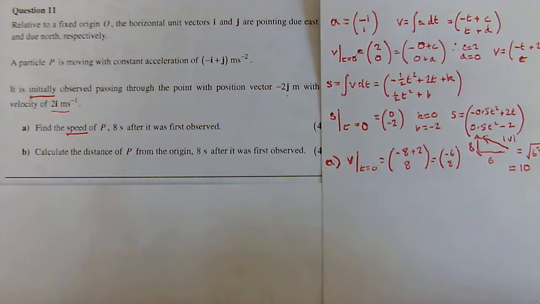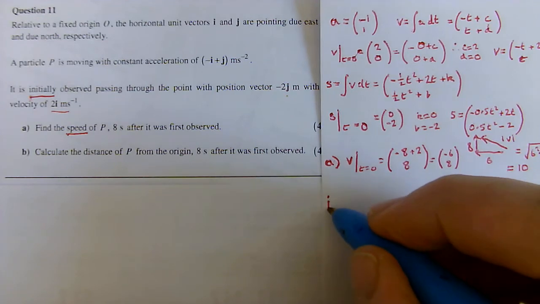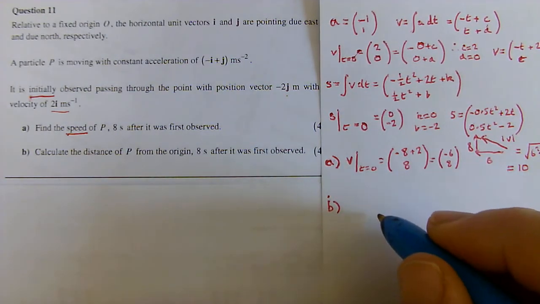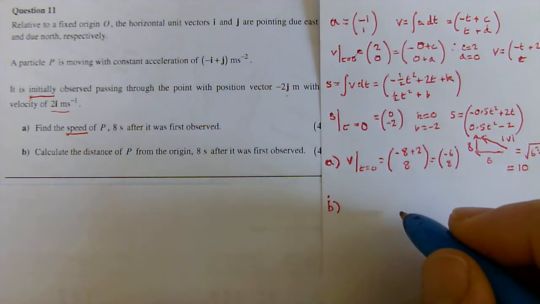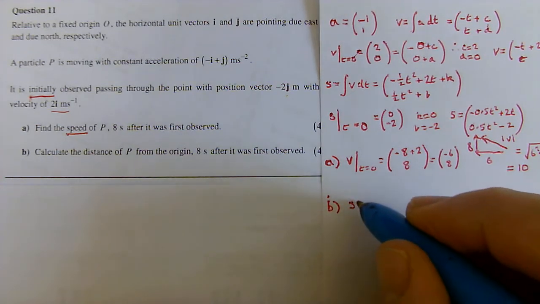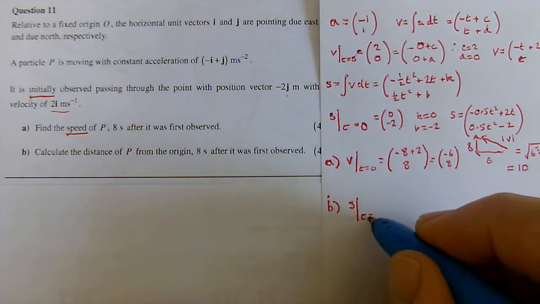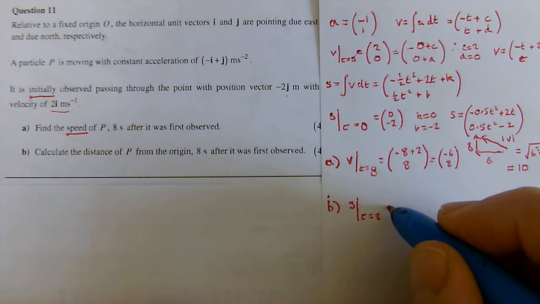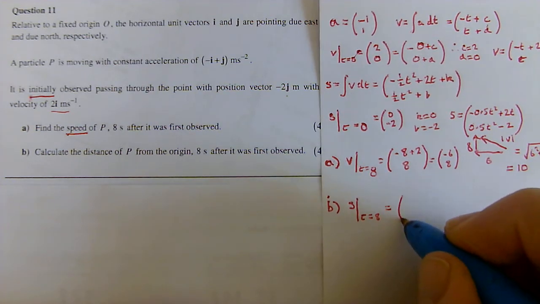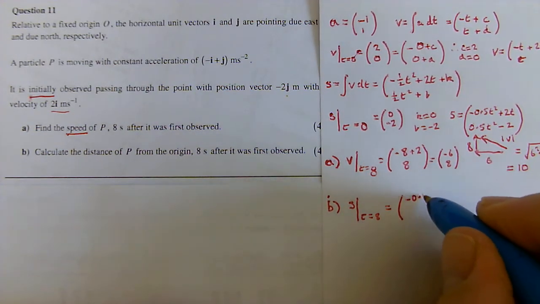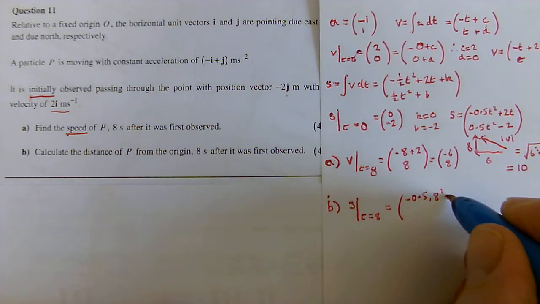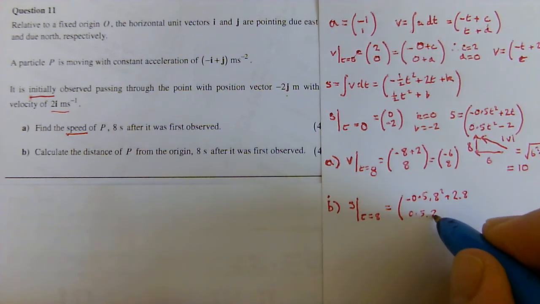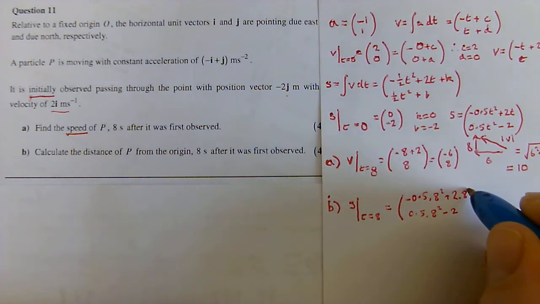Okay, looking at part B. We've got the distance when t equals 8. Distance when t equals 8 equals minus 0.5 times 8 squared plus 2 times 8, and 0.5 times 8 squared minus 2.